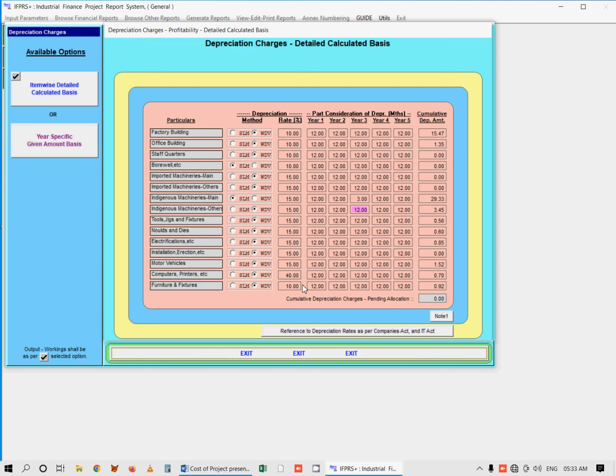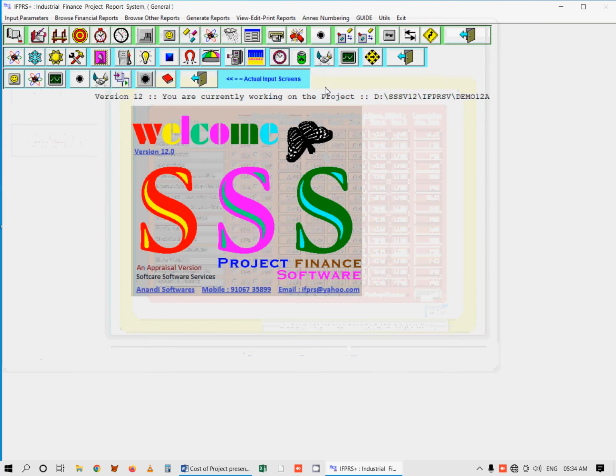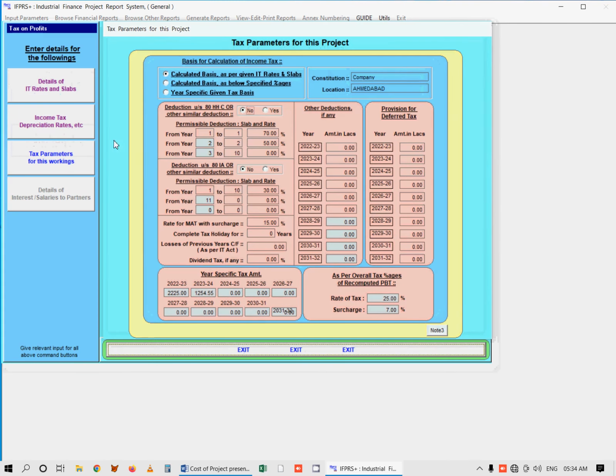Thus, a very simple and all accommodative input with varying nomenclature, differing method, differing rate and differing part year consideration. The same way, you could separately specify depreciation for IT purposes in this screen under tax on profits.